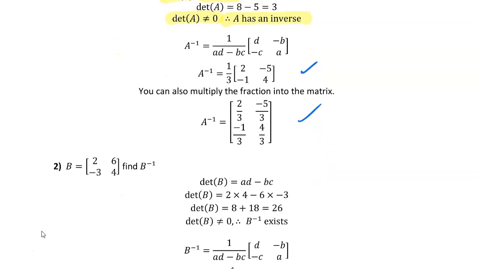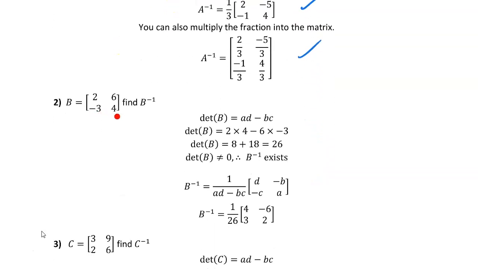Okay, so now we have matrix B, 2, 6, negative 3, 4. Find the inverse of B. So first off, we figure out, well, what's the determinant? Okay, so our determinant is 2 times 4, take away 6 times negative 3, so I get 8. Now negative 6 times by negative 3 gives me positive 18, so that determinant is not equal to 0, therefore we can find an inverse.